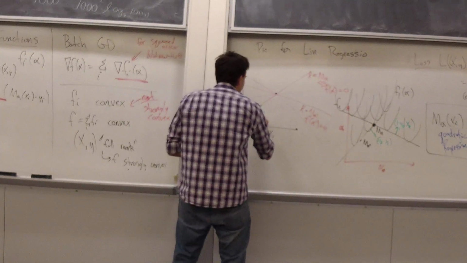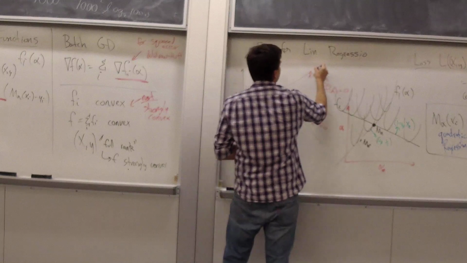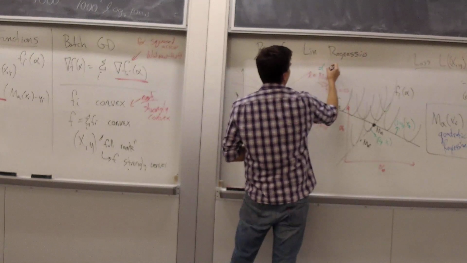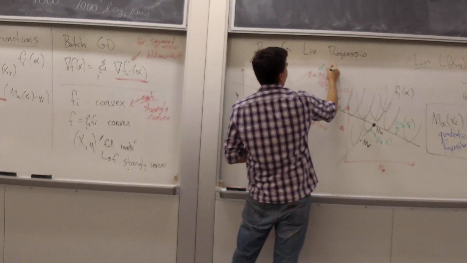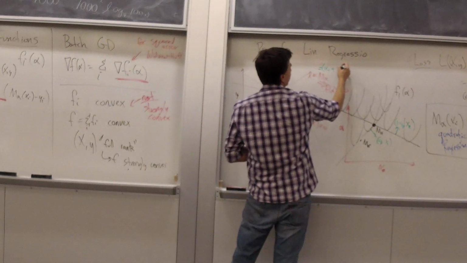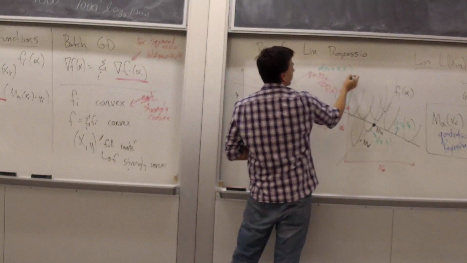So this line is equal to alpha 0 plus alpha 1 x1, right?